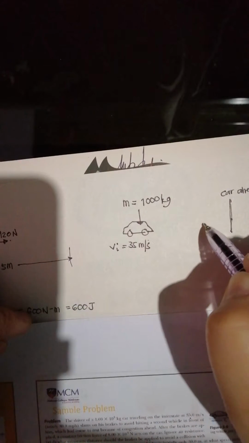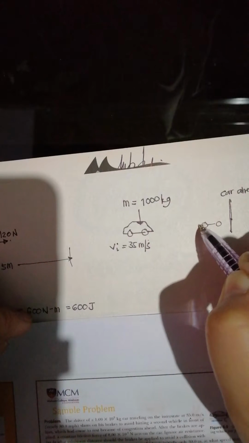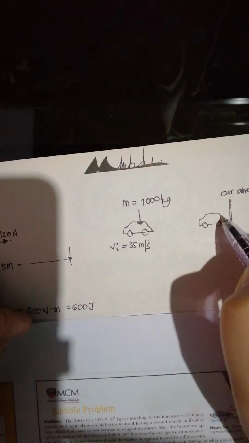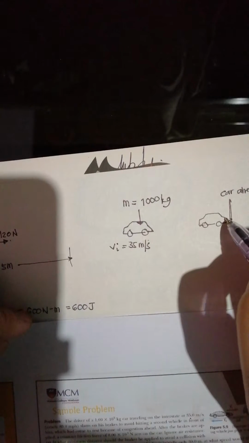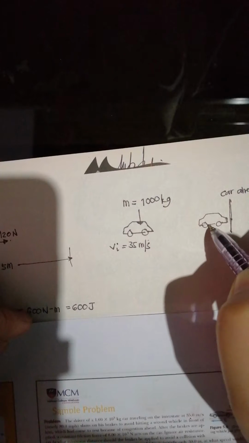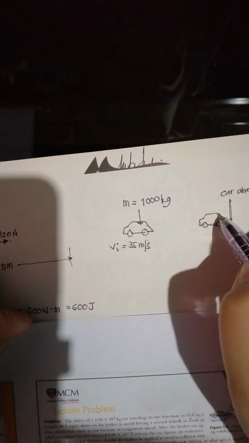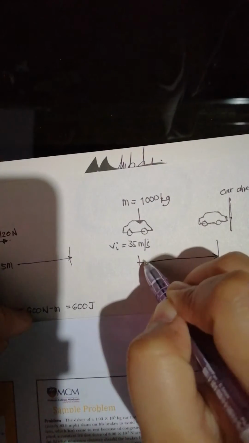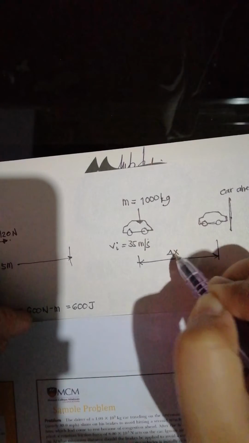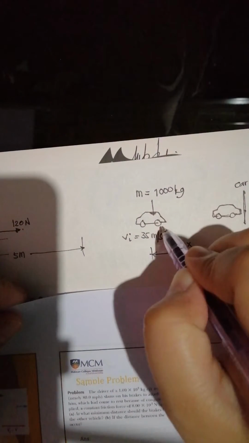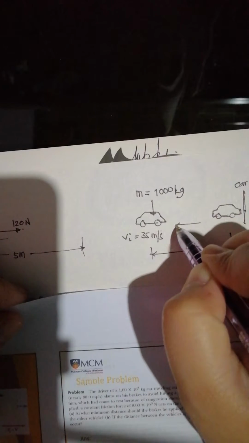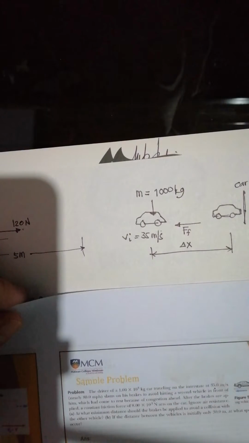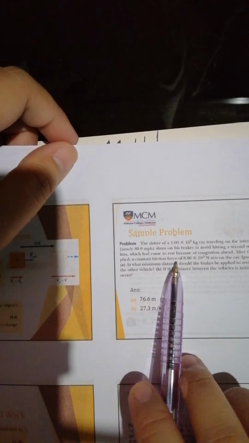So it has to come to rest at this point, to avoid hitting the car ahead of it. Say this is now the displacement of the car. Now, with the application of the brakes, a friction force was produced, equivalent to 8,000 newtons.